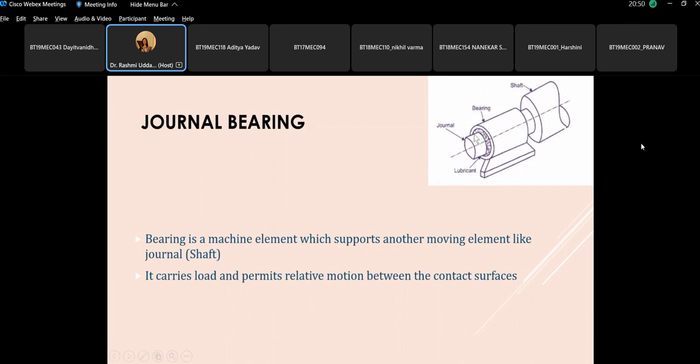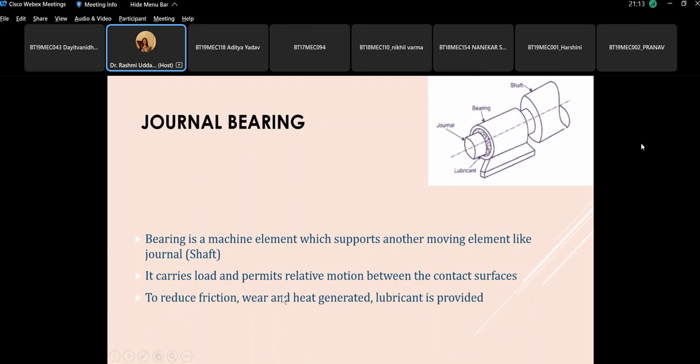If the diameter of the journal is too large or the diameter of the bearing is too small, and it is locking and not permitting the shaft to move, then the design of the bearing has failed. Which means it has to carry the load and permit relative motion between the two surfaces.